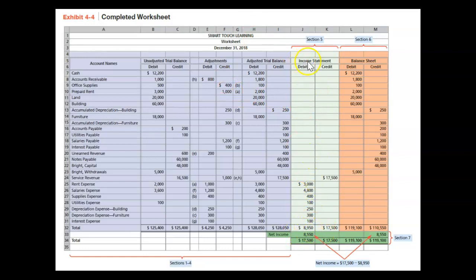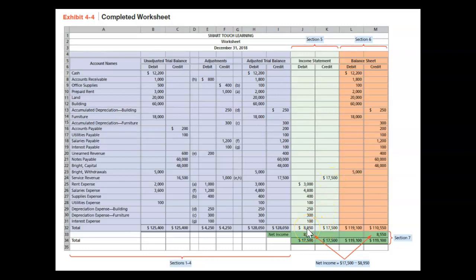The debit column for income statement totals $8,950. The credit column totals $17,500. So we subtract those and we write the difference under the smaller number. So 17,500 minus 8,950 equals 8,550.